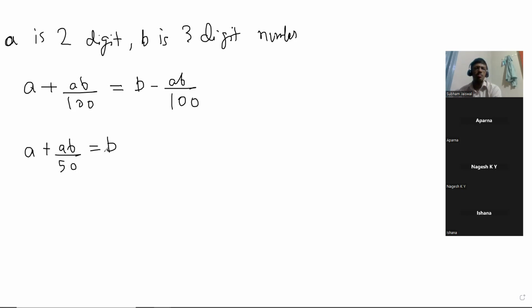So tell me, you people have tried. This should not be difficult. Just an equation. Any ideas?